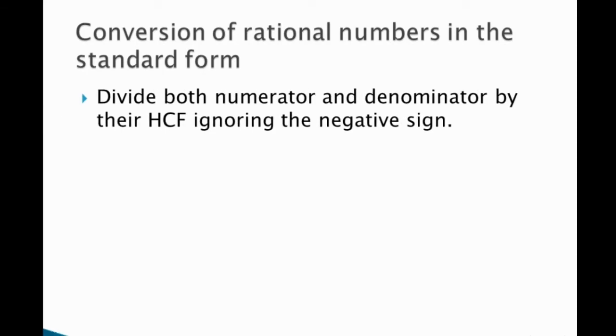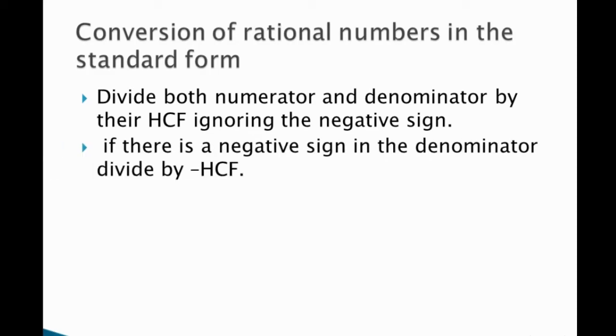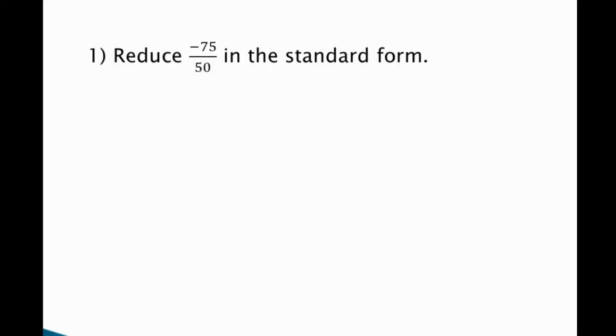We can reduce a rational number to the standard form. For that, we divide its numerator and denominator by their HCF, ignoring the negative sign. If there is a negative sign in the denominator, divide by minus HCF. Reduce minus 75 by 50 to the standard form.